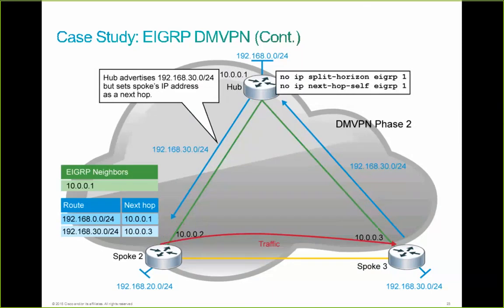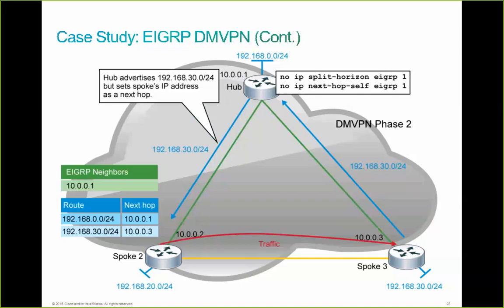And this slide shows an example of that configuration. We actually have to go into the hub and configure the hub to advertise the network that it receives from the spokes, but it has to keep the spoke IP address as the next hop, as opposed to inserting itself as the next hop for those particular routes. All right.